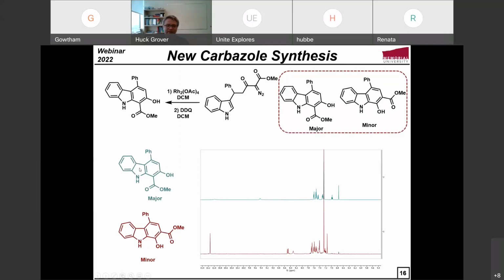In particular, comparing the two NMRs, if the minor product came from a Wolff rearrangement, we wouldn't expect the spectra to be so different between the two carbazole compounds. In particular, the C5 position is markedly different, about 1 ppm deshielded in the minor compound.